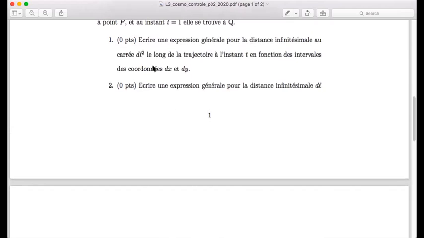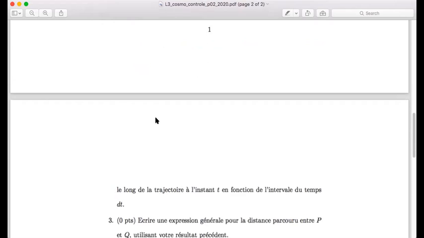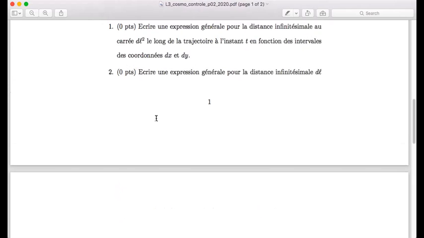So on the left-hand side, I'd have dl squared divided by dt squared. On the right-hand side, I'm going to have dx squared divided by dt squared plus dy squared divided by dt squared. And then write those as (dx/dt) all squared plus (dy/dt) all squared.